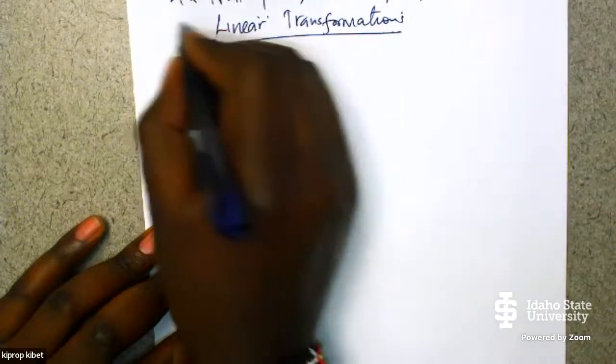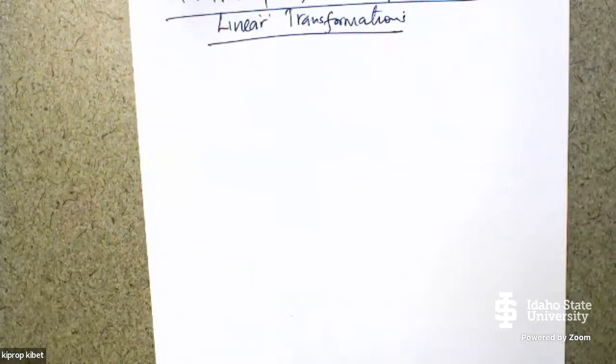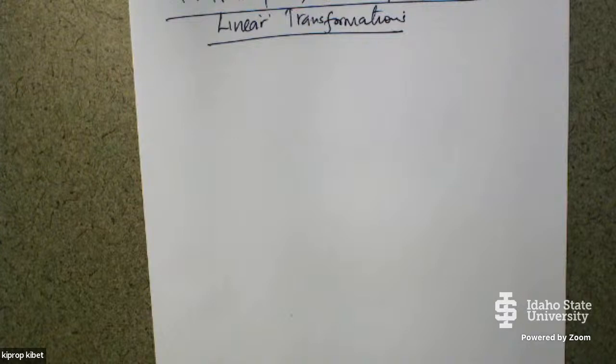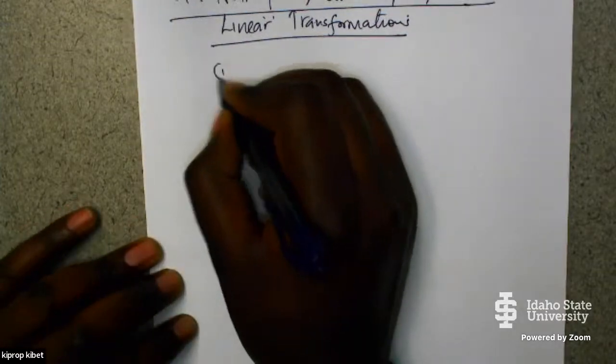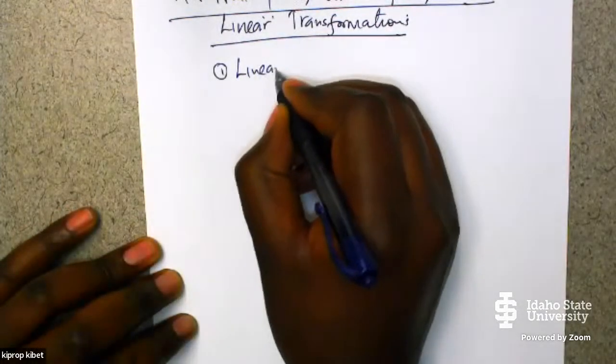We have actually looked at most of these in our previous section, so we'll just go through it quickly. Let's start from the first topic, which is the linear transformation.